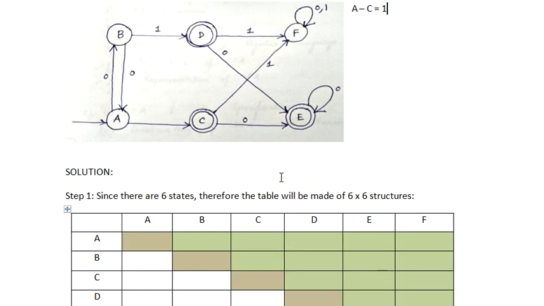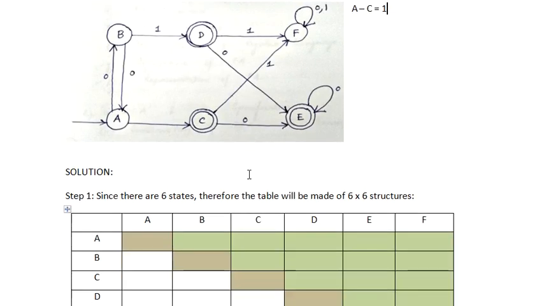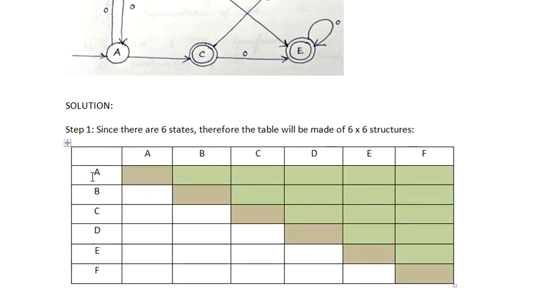Now I have to start with the first step. The first step says that if you have 6 states, then it will be a 6 by 6 structure. If it has 5 states, then 5 by 5, or 4 by 4. Clear? So I will take this particular table, which consists of a 6 by 6 structure.